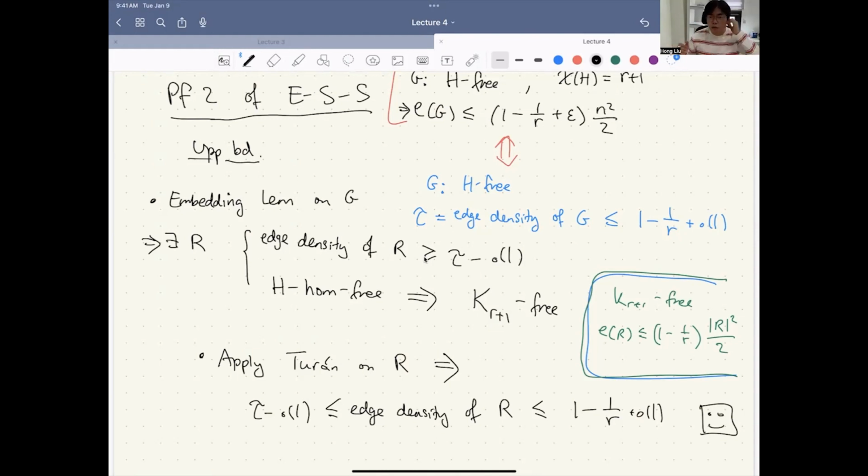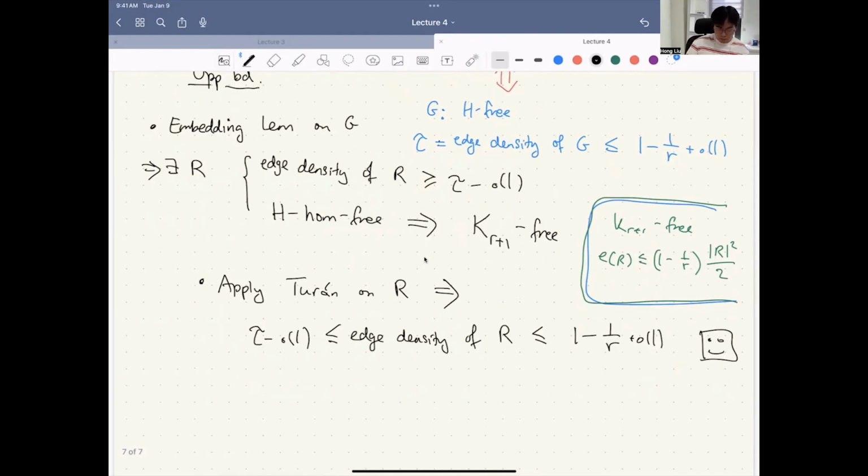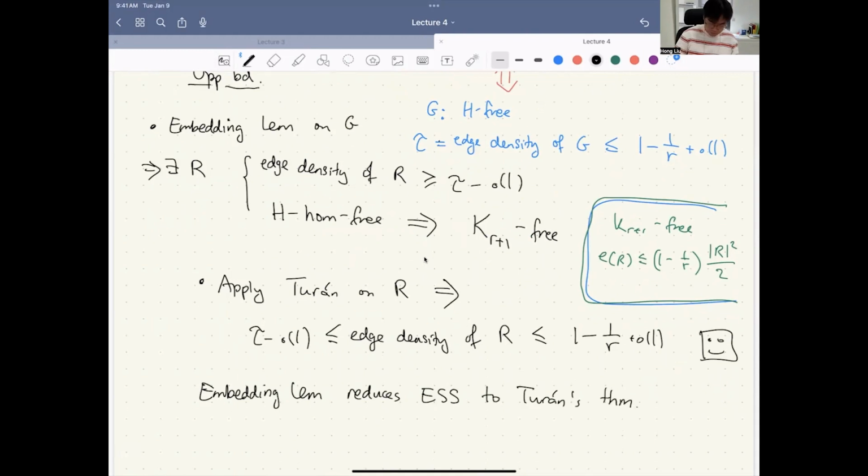So this embedding lemma is basically reducing Erdős–Stone–Simonovits to Turan's theorem. Okay? So all the embedding lemma does is reduce ESS to Turan's theorem. This is a remark.